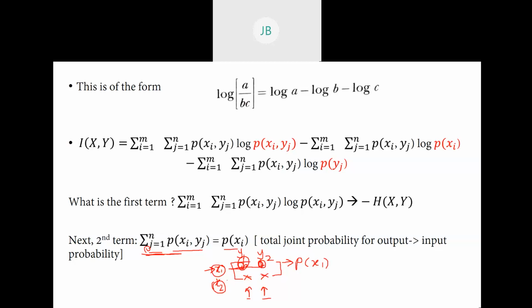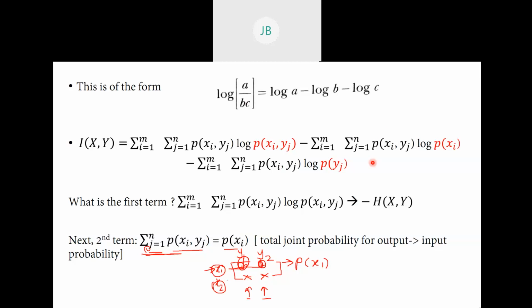So in general, the joint probability between xi and yj, when you add the probabilities for different column items, you should be getting the probability of the input itself, the corresponding input symbol.